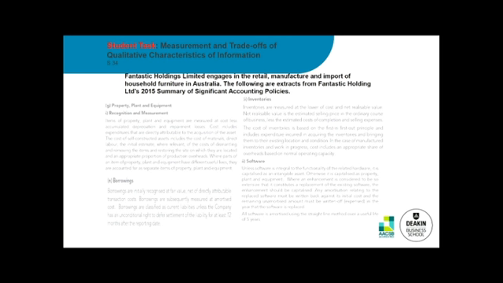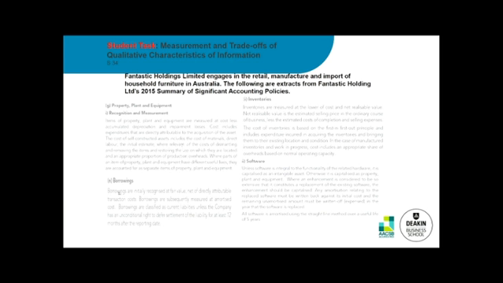So you can see here that they mention property, plant and equipment. How do they measure it? They measure it on the basis of cost, less accumulated depreciation and impairment. As I said, we'll talk more about impairment another day, but that's how they measure it.